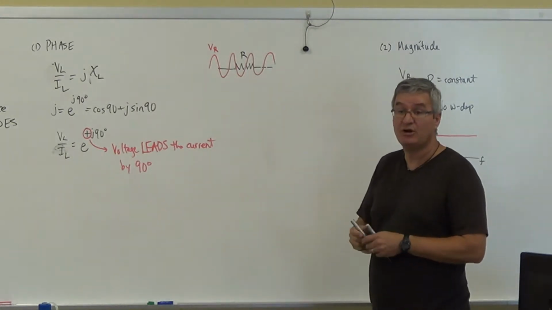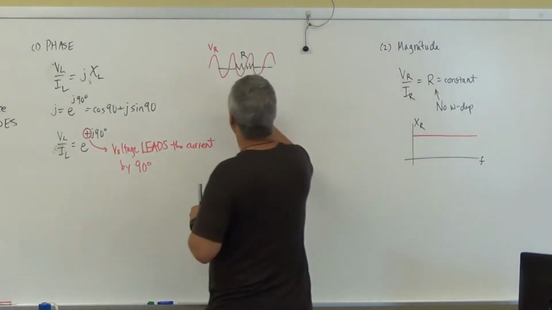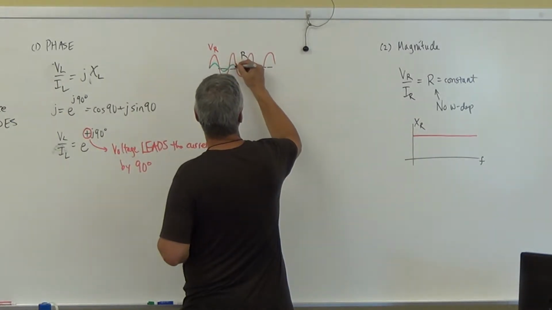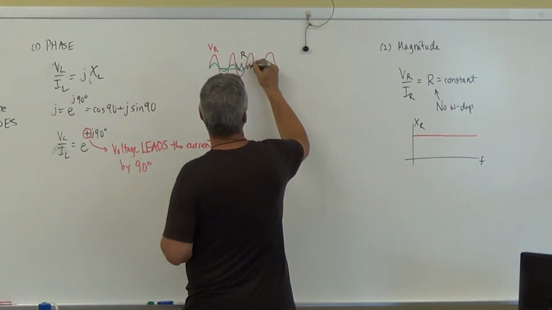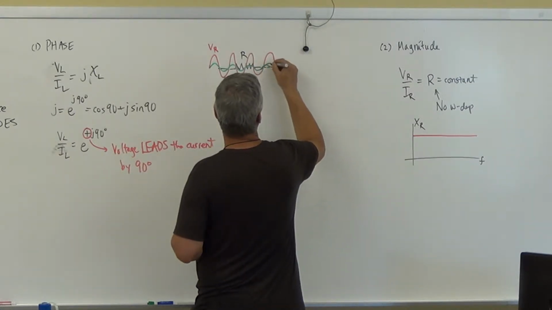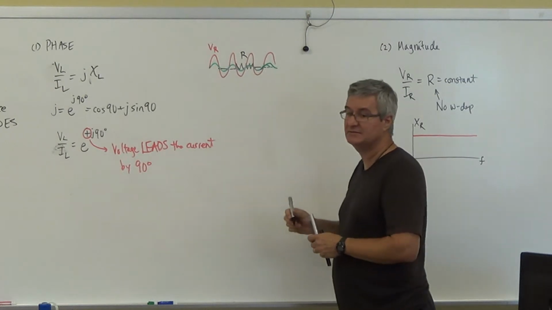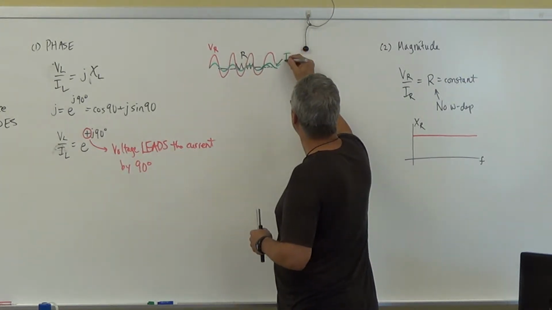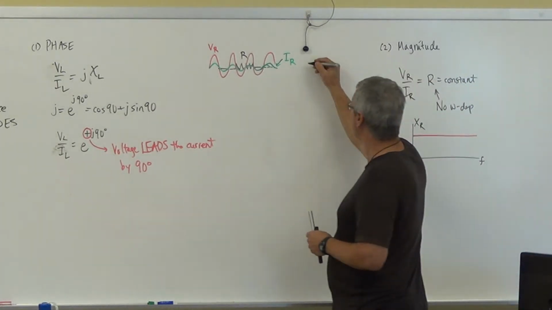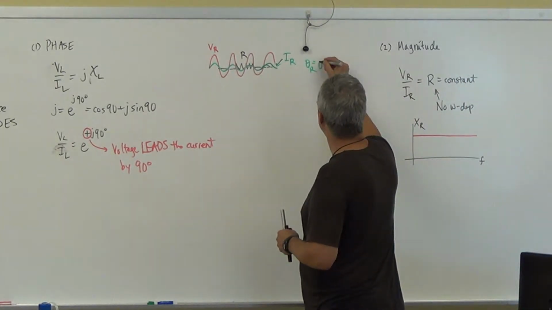And if I look at the current through this resistor, as I approach this resistor and it interacts with it, it's like nothing happened. They're in phase. The current is in phase here. That's what I mean by a phase angle of 0.